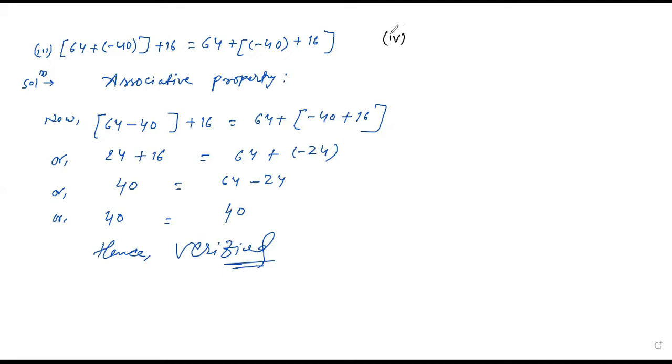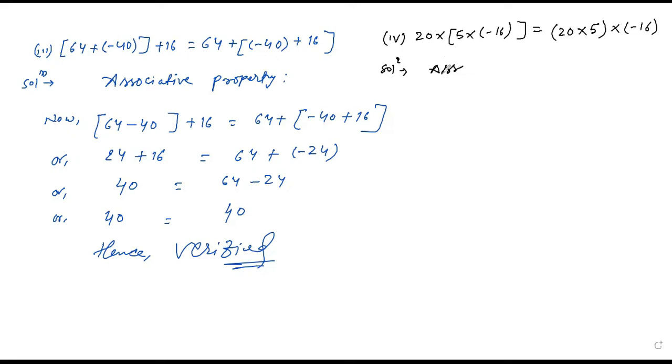Now follow. 20 into 5 into minus 16 is equal to 20 into 5 into minus 16. So here, what is the name of the property? Associative property.